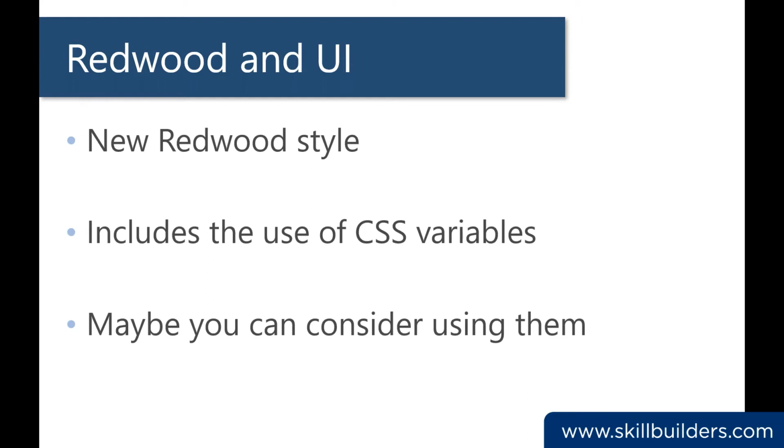Redwood leverages this feature immensely. Because Redwood is using it, and Apex is using it, you can maybe consider using these yourself in the code that you write. So let's take a quick look at the Redwood UI, and then let's also take a look at CSS variables and what's going on there.